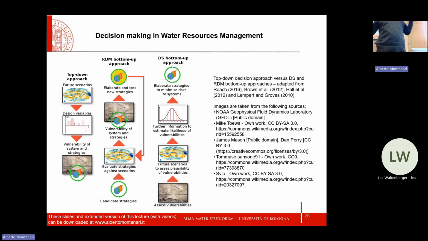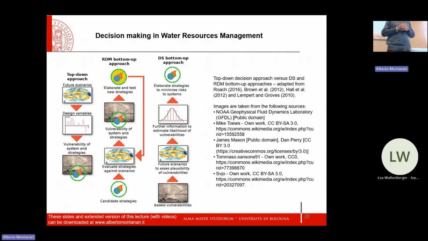Because when generating future climate scenarios, we start from the large scale and then we downscale to the regional scale and local scale. And therefore, this method was introduced in order to find out what was the most appropriate scaling option. The difference of decision scaling with respect to robust decision making is tiny.